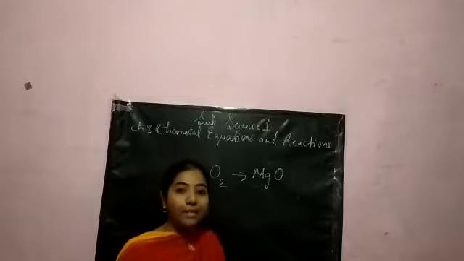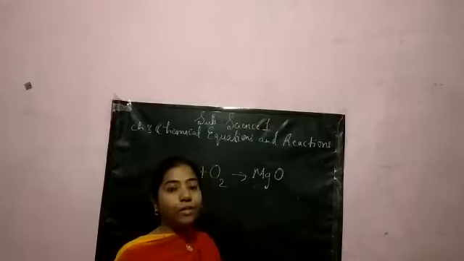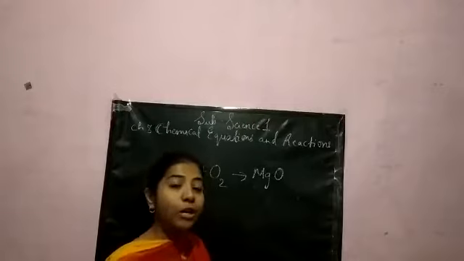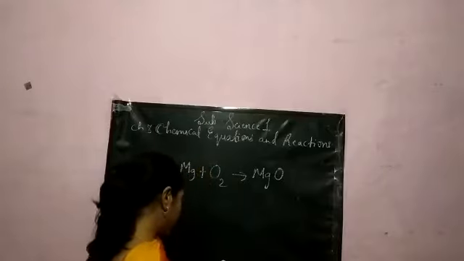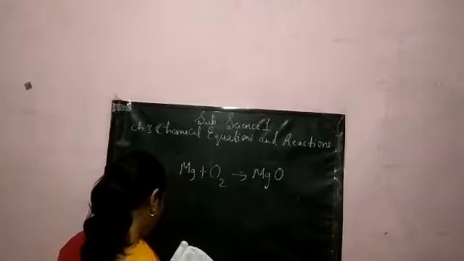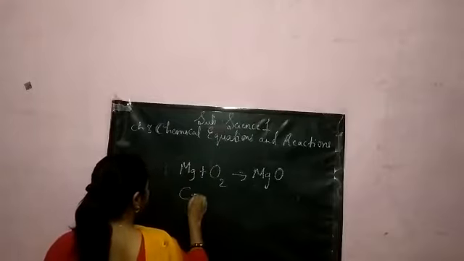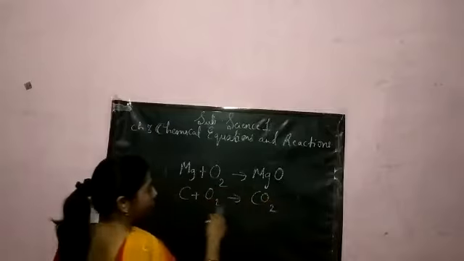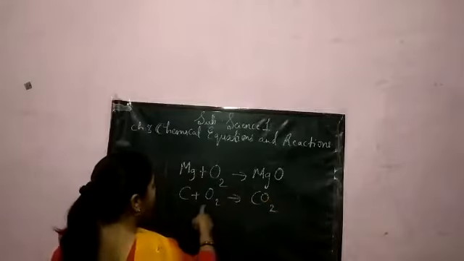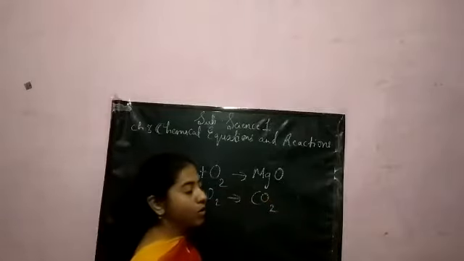We have already seen in Science 2 how glucose is oxidized and it results into formation of ATP. So that reaction is also an oxidation reaction. Let's see some other examples which are given in your book. Like carbon, when it reacts with oxygen, it will result into formation of CO2. This is also an oxidation reaction because there is addition of oxygen.